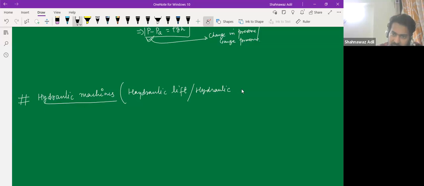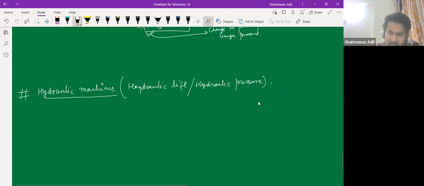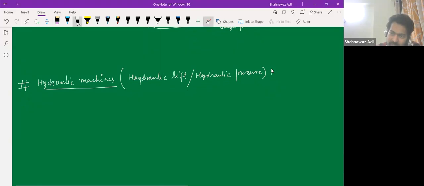These are the hydraulic machines that we use. And what is their purpose? Their purpose is to use a minimum amount of effort to lift a large load, and they use the idea of Pascal's law.